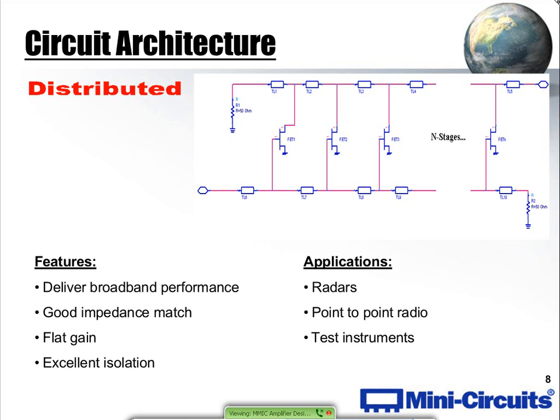But it is very effective in making broadband, multi-octave, medium power solutions. 100 milliwatts, 200 milliwatts, a half a watt, and even 1 watt, 18 gigahertz structures are out there today using a distributed or traveling wave architecture.